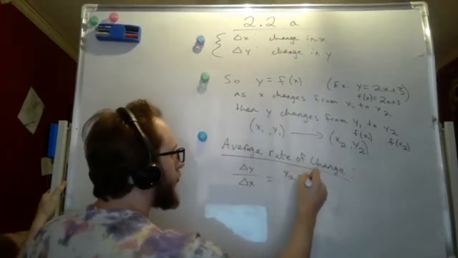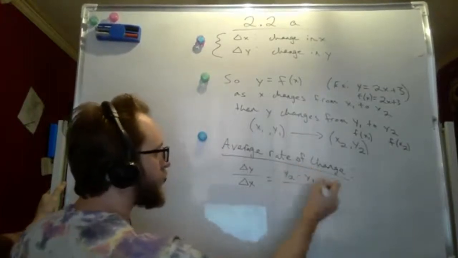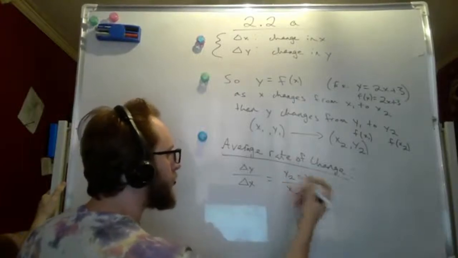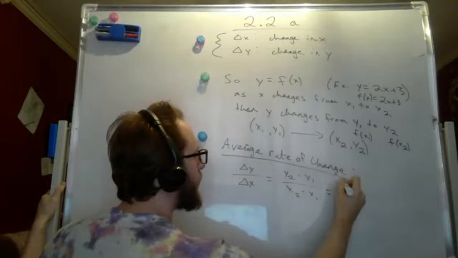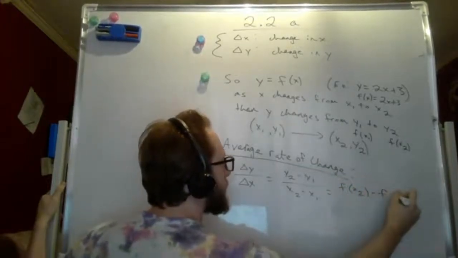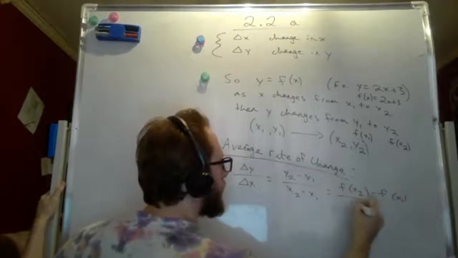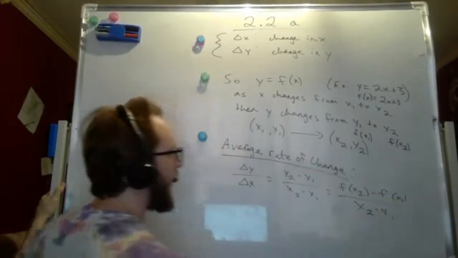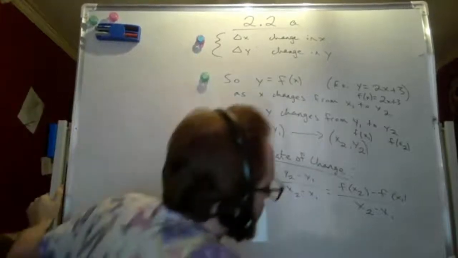So y2 minus y1, that's the change in our y, over x2 minus x1, change in our x's, but our y's we can rewrite as f of x2 minus f of x1. And this is what we call average rate of change.